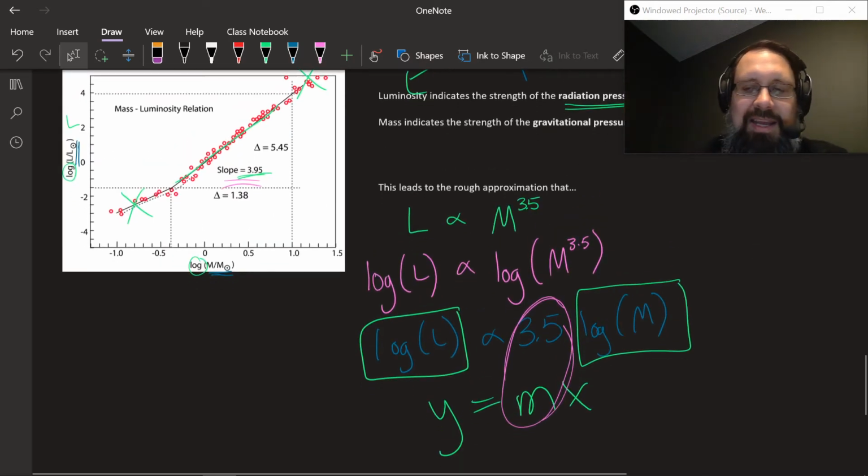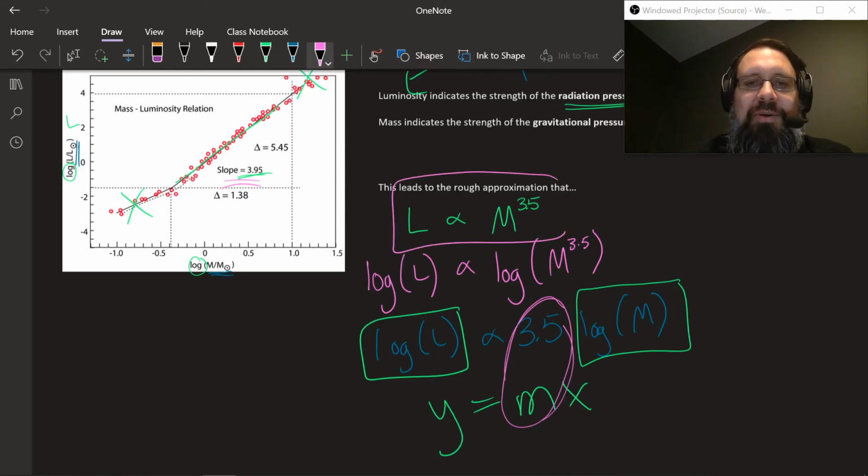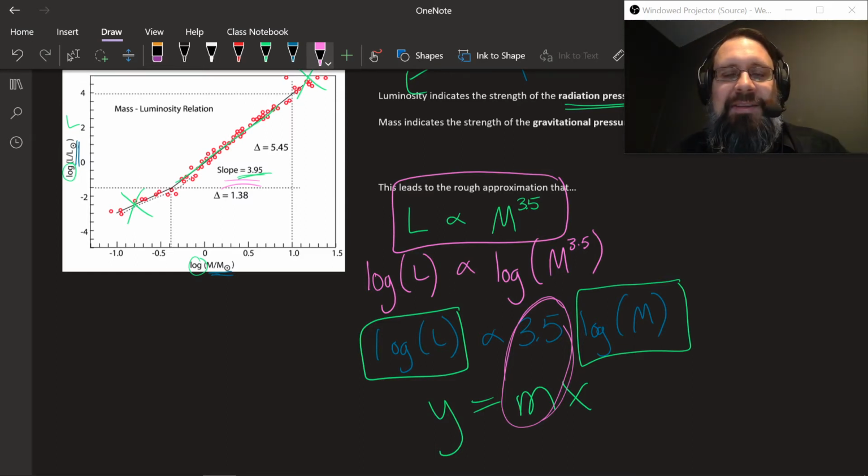So just realize that it makes sense that because of the equilibrium that's going on within a star, this relationship would end up being true. Based on the luminosity of a star, you can determine the mass of the star, because if it were any more massive, it would collapse under its gravitational pressure. And if it were any more luminous, it would blow up from its radiation pressure.